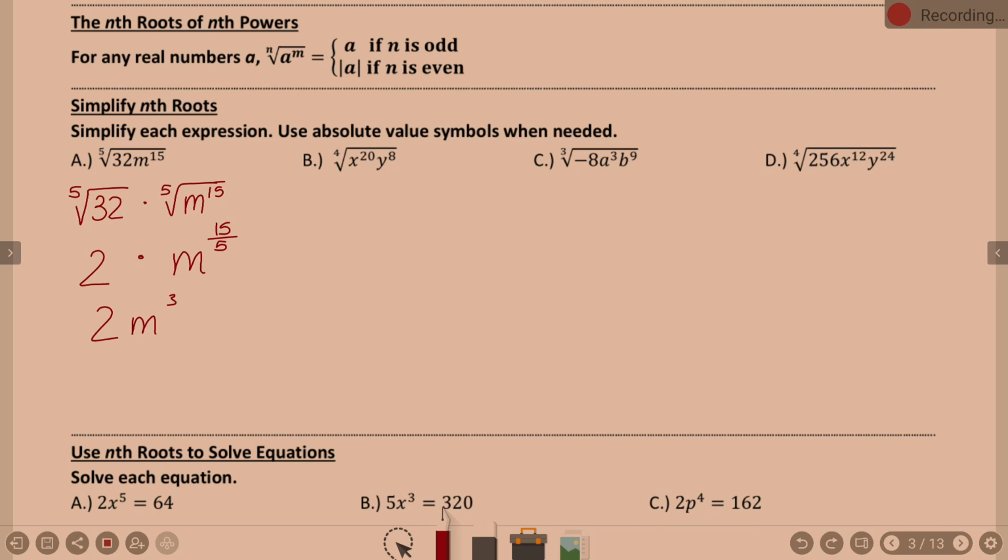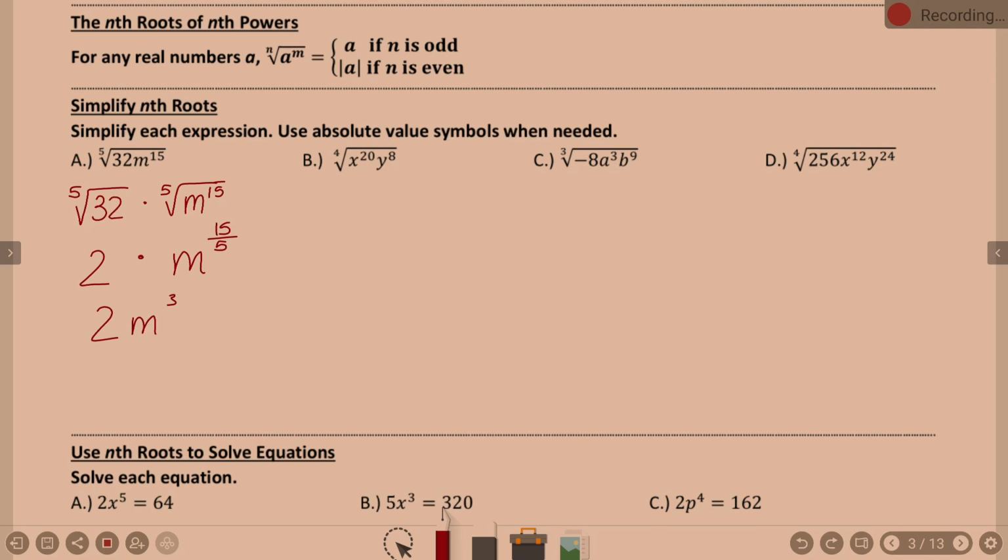Now, I'm going to backtrack for just a moment because it said use absolute value symbols when needed. Do I need to consider absolute value on this particular problem? This was an odd root. Can I do an odd root of a negative number? You can.